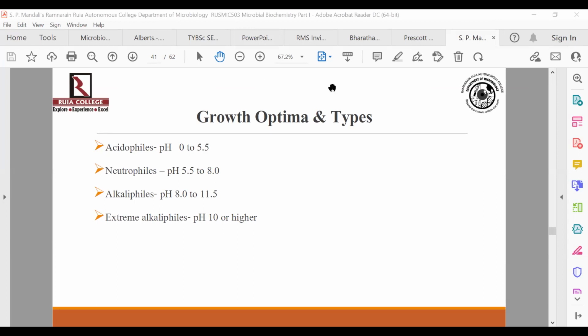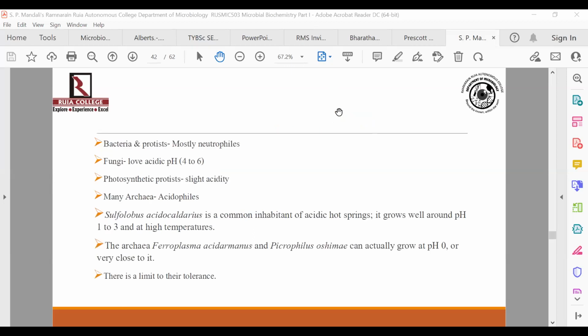Alkaliphiles are able to tolerate 8 to 11.5, and any organism which can tolerate any pH between 10 to 14 will be referred to as an extreme alkaliphile, because it's very, very difficult for microorganisms to grow at such extreme alkaline pH.